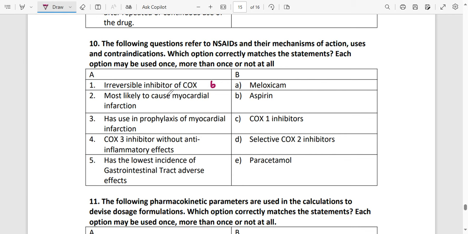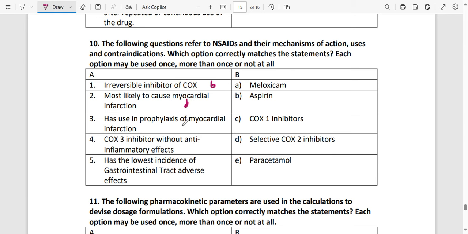Most likely to cause MI, myocardial infarction. Which one of these is most likely to cause myocardial infarction? Okay, so selective COX-2 inhibitors are more likely to cause MI.